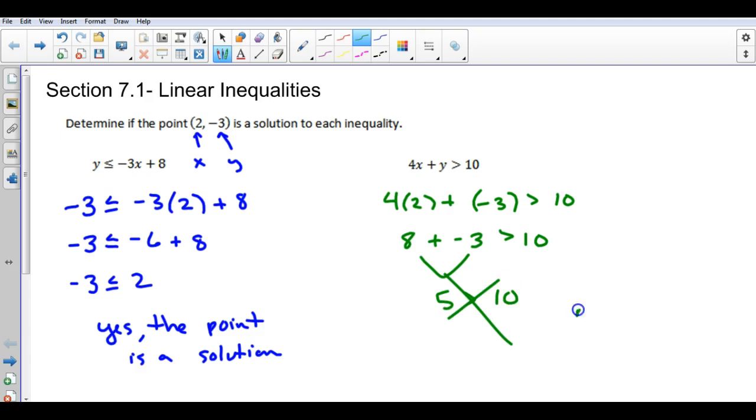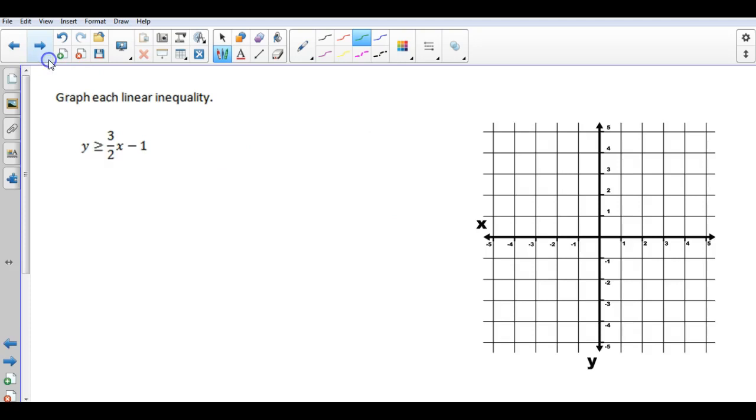So that's not true, so you would say not a solution. It's not that there's no solution, like we didn't solve an equation or anything, but what we did is take a point and substitute it into the inequality to see if it was a solution. So in that case, 5 is not greater than 10, so that point is not a solution to that inequality.